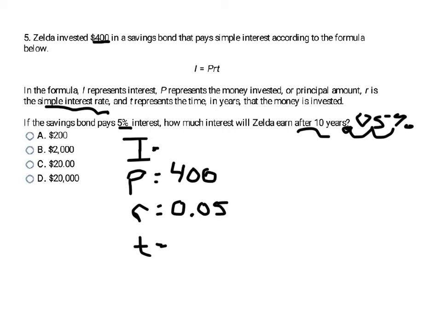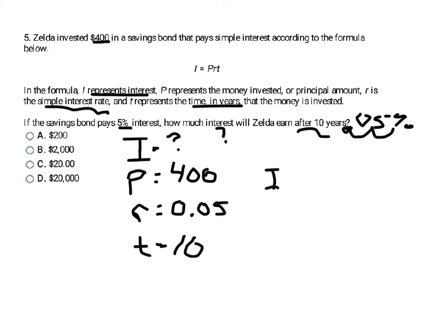And then it's after 10 years, years is time, and time here is always in years, so t is going to be 10. And so it says how much interest, so that means I'm looking for I, which represents the interest. So I'm just going to substitute in what I know.